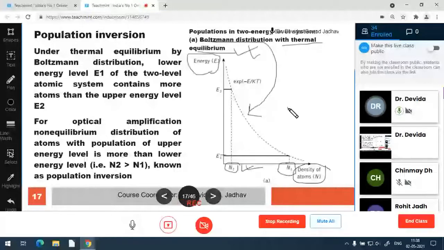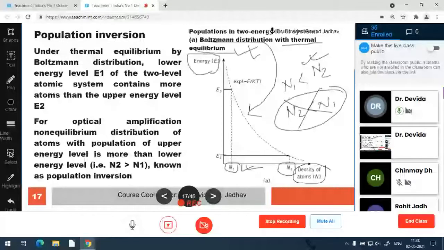So this condition, N2 less than N1, is reversed. That is, N1 is made less than N2. This is called population inversion.